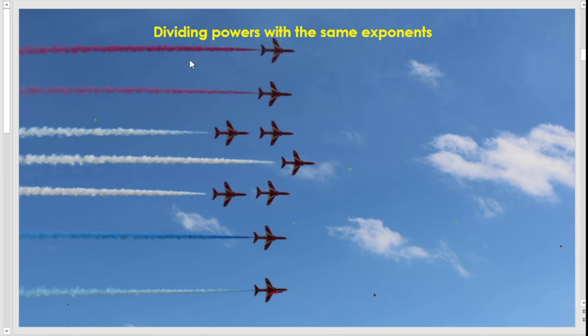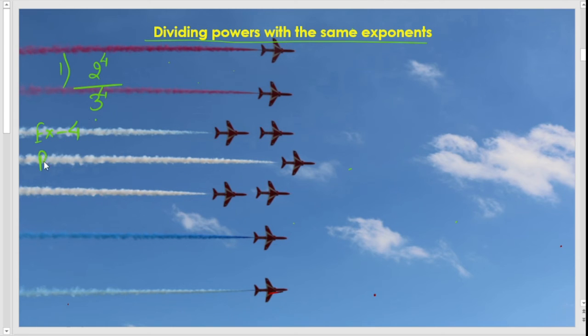Now we will understand the dividing of powers with the same exponent. That is, we will understand this topic by taking some examples. Like, first example is 2 to the power 4 divided by 3 to the power 4. Here the exponents are same. Exponent is 4.